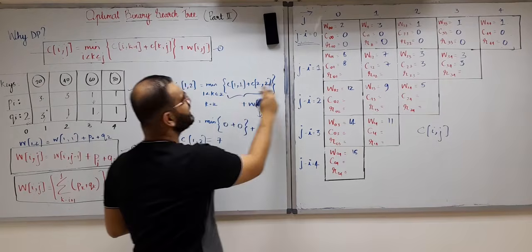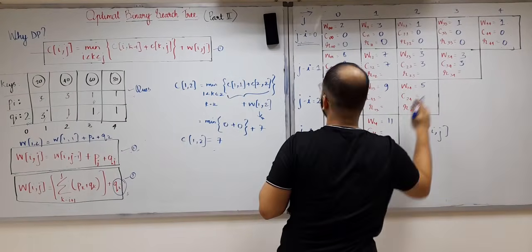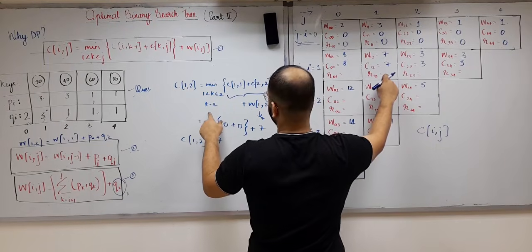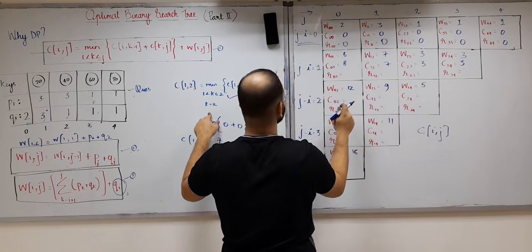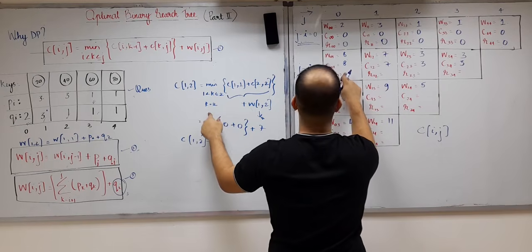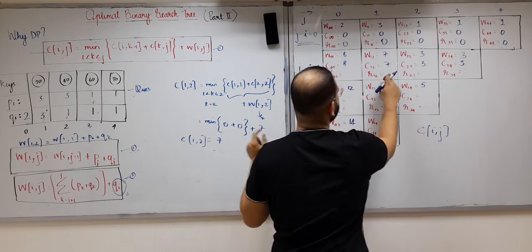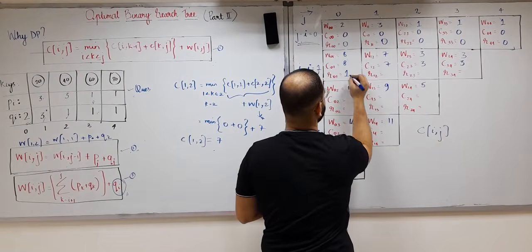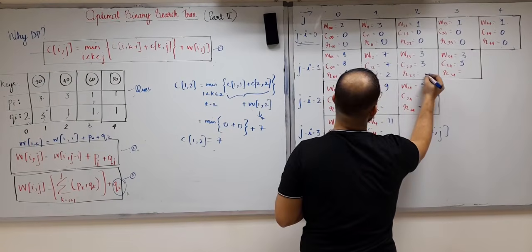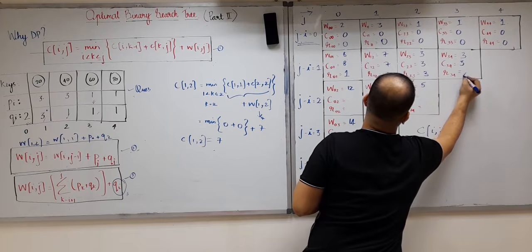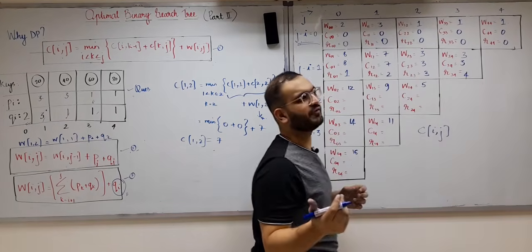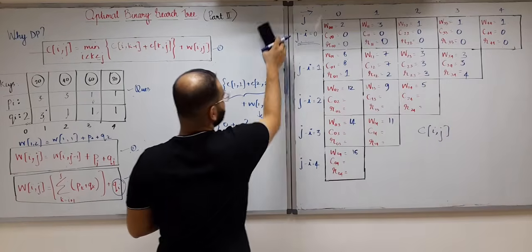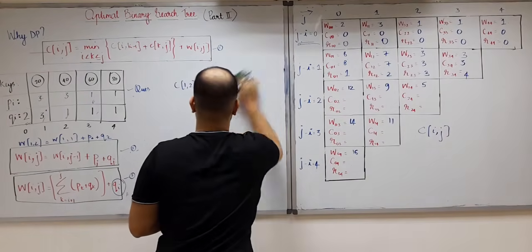So in all these cases, we are getting only one value of k. Here we were getting only one value of k, that is k is equal to 2 in the case of C1 comma 2. And over here we were getting only one value, that is k is equal to 1. So they themselves will be the root because we have no other option. So here root will be 1, here 2, here we would have got 3 and here 4. If you have any confusion, you can try to solve these yourselves, right? And then you will understand them better.